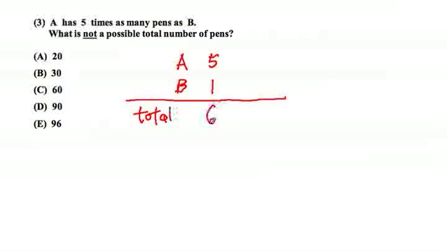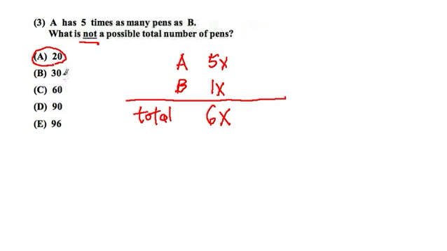So 6 is a possible number, and again, if we scale these up by any whole number, it'll still maintain the ratio. So that tells us the total number of pins has to be a multiple of 6. So 20 is not a multiple of 6, and that's what they're looking for.